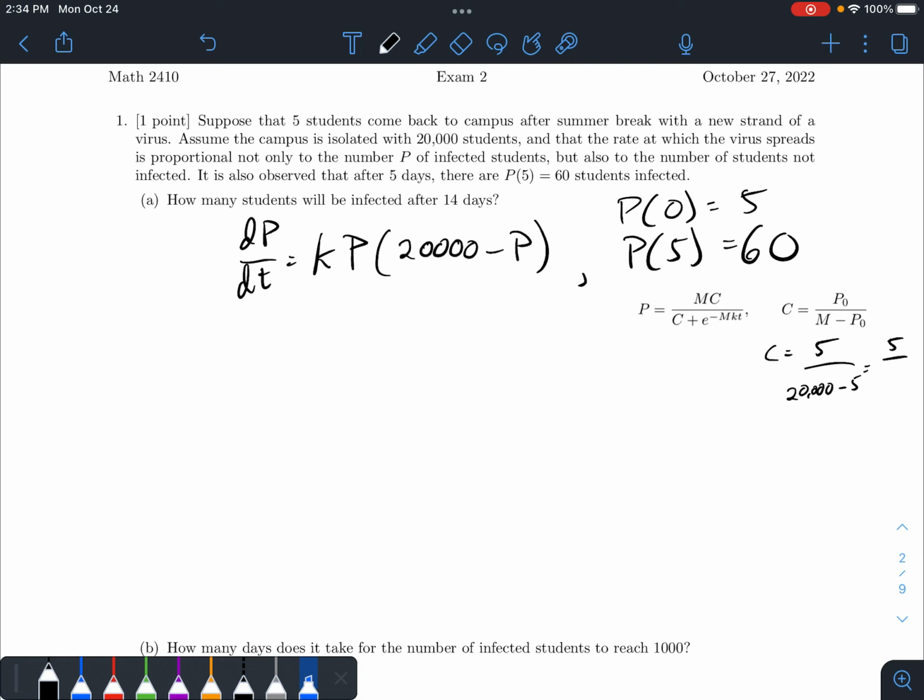This is going to be 5 over 19,995. Okay, great. Terrible number, but whatever. You could probably simplify that. I'm sure you could. Maybe I will, just for simplicity.